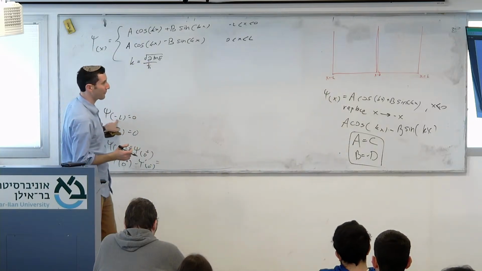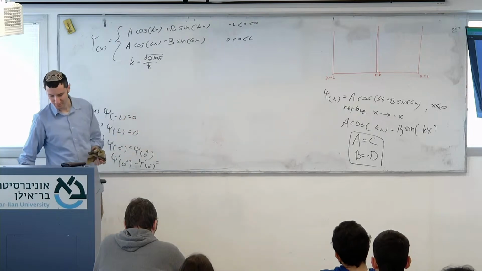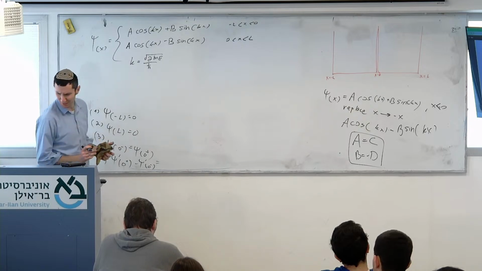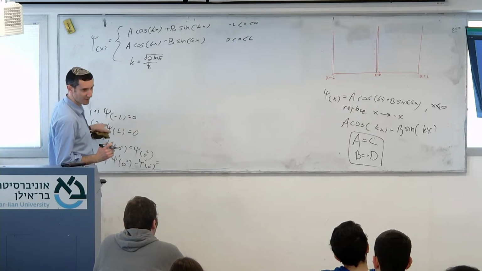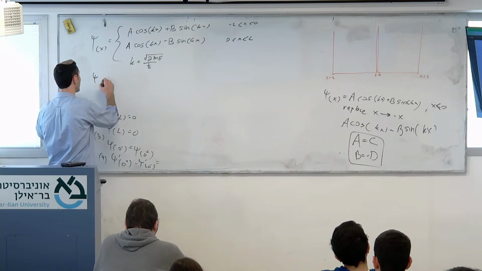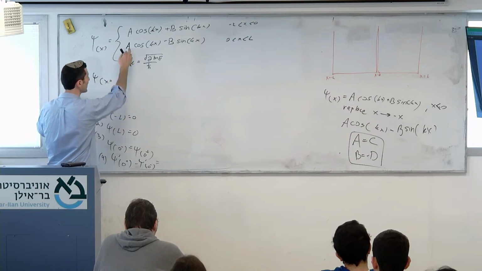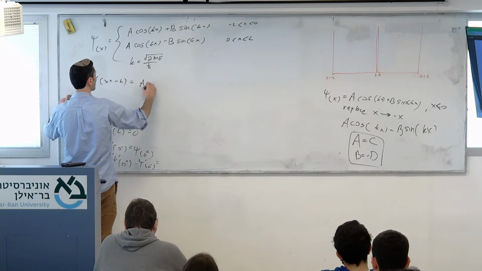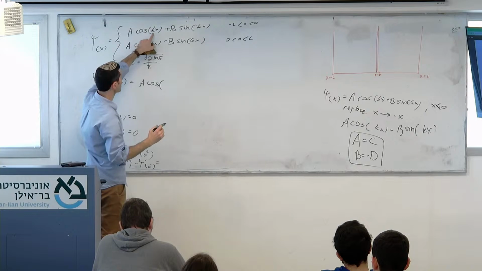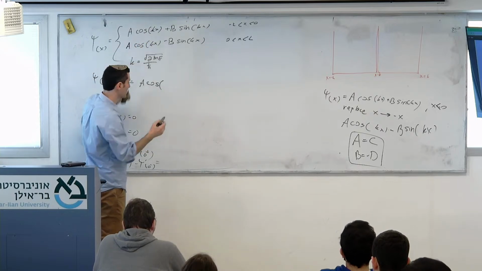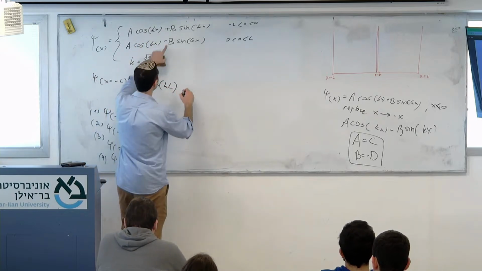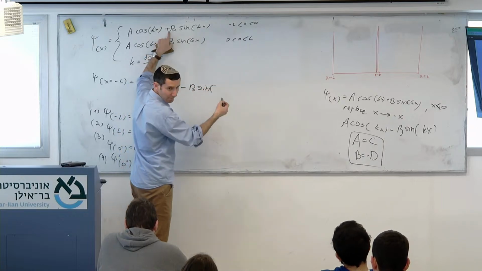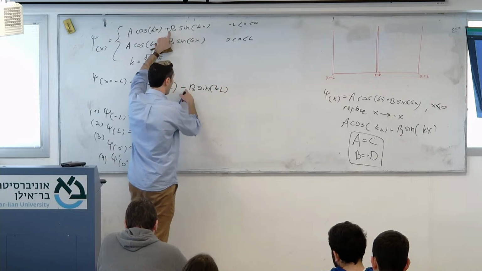So let's see what happens. Let's start with these two. Psi of x equals minus L is A cos(K times minus L), but it's just like writing KL, plus B sine(K minus L), so I'm writing minus here instead.